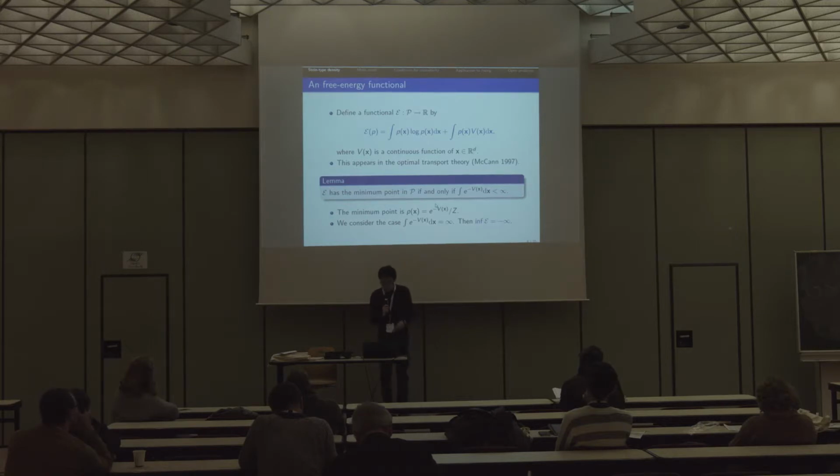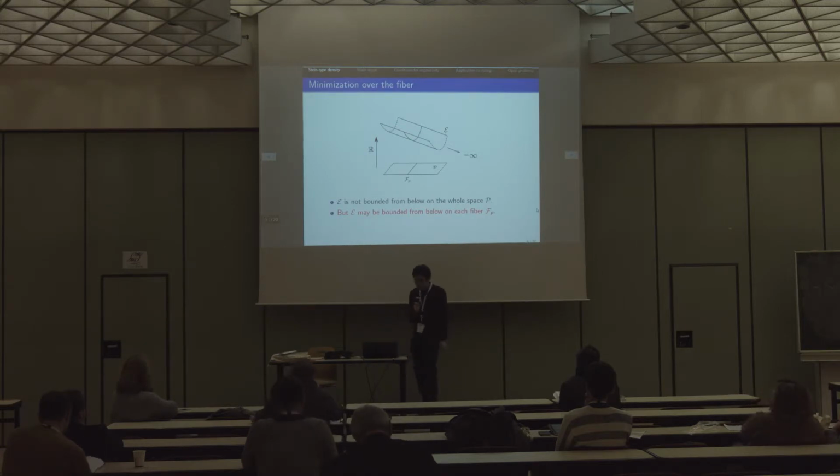If this condition is satisfied, the minimum point is given by this one, the exponential family. And we consider the case where this condition is not satisfied. The integral is infinite. Then the infimum of the functional E is minus infinity.